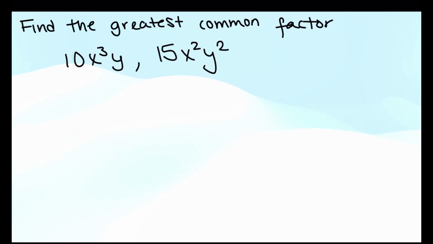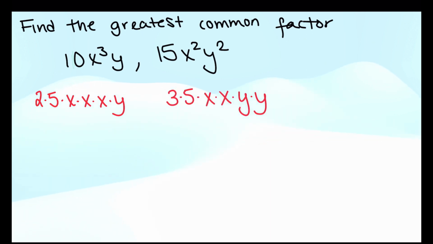What if we introduce variables into the problem? Turns out we can use the same type of strategy. For my first term, 10x cubed y, I know 10 is 2 times 5, and I can write x cubed as x times x times x, and then we also have a y there. I can factor the second term, 15x squared y squared. 15 is 3 times 5, and then we have x times x times y times y.